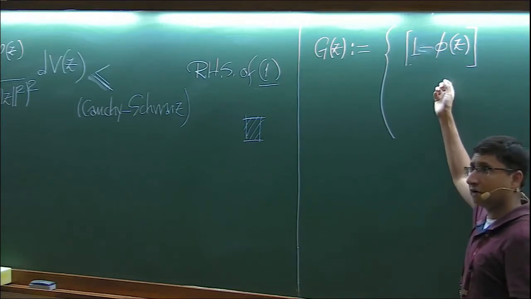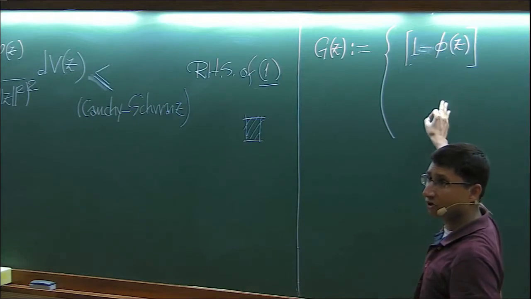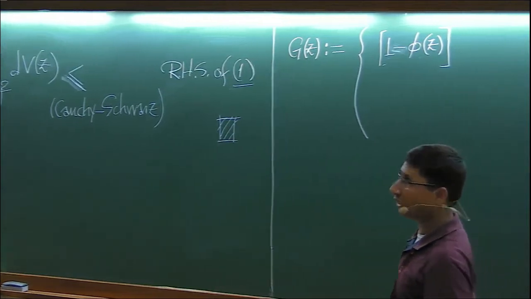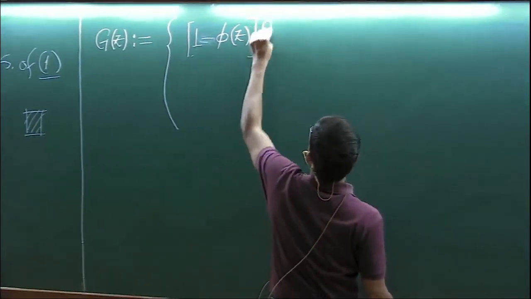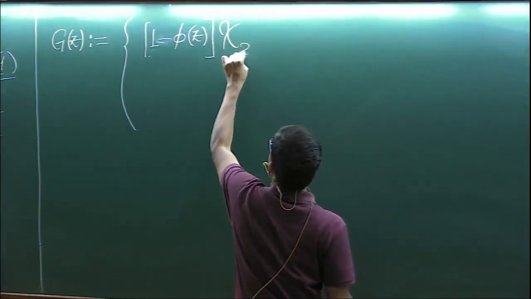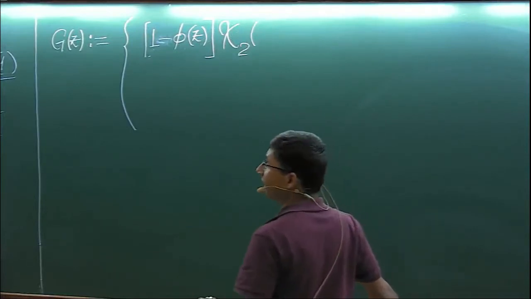This is a holomorphic function which, by definition, vanishes at the point P, which is 0. Without loss of generality, P is 0. And I'm going to extend this by 0. So I cut this off using the cutoff function chi2 that I defined last time. Notice chi2 smoothly drops down to 0 on the boundary of U.